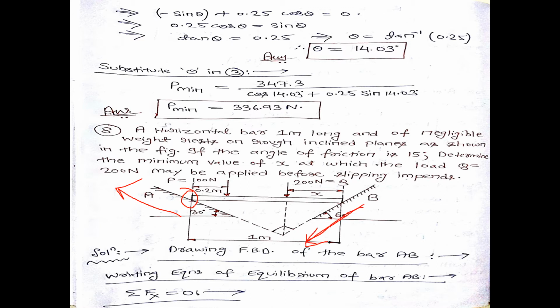Because the angle of inclination of this horizontal bar at point B is more as compared to the angle of inclination at point A, that is 30 degree. That means at point A, motion of the entire system will be in this direction, and at point B, motion of the entire system will be in this direction. Is it understood? Is the concept clear how the motion will take place?